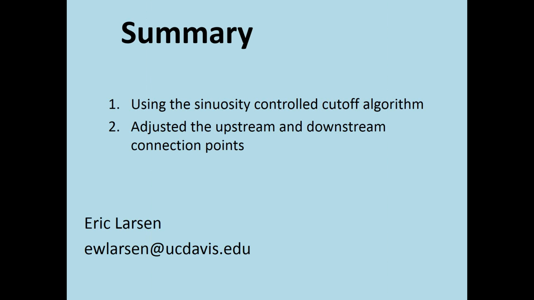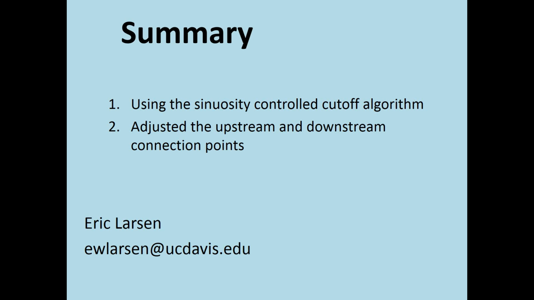Okay, that's it. That's really all you need to know to get started modeling cutoffs using the Meander Migration Model. And in summary, this tutorial is the first of a couple that are going to show you how you can simulate a cutoff using this Meander Migration Model.